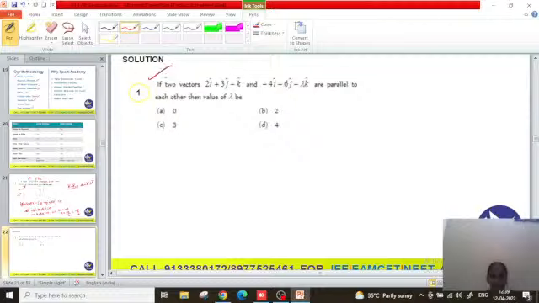Next, if two vectors 2i plus 3j minus k and minus 4i minus 6j minus 3k are parallel to each other.